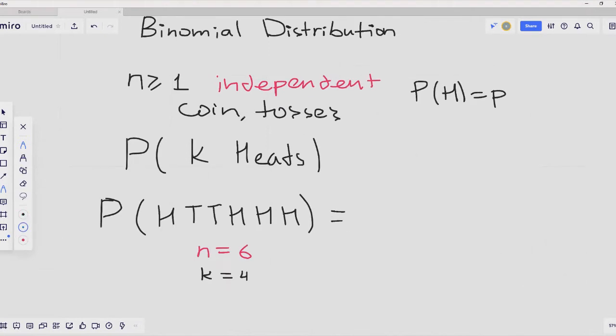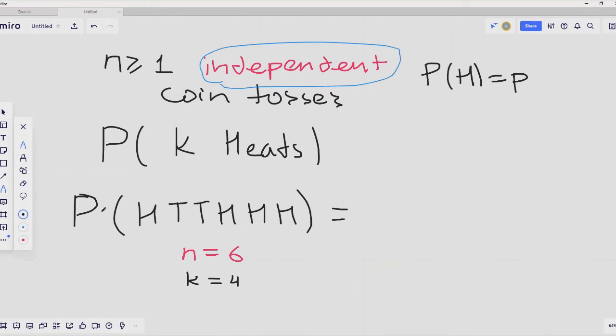Since we mentioned that our n tosses are independent, we can work with multiplication of probabilities. So the probability that our coin lands on heads on the first toss is then equal to p, multiplied by the probability that our coin lands on tails on a second toss, which is equal to 1 minus p.